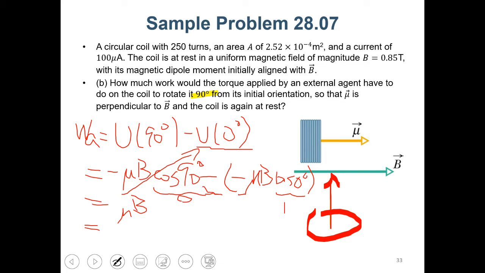And mu is actually NIA, times B. So we just plug in all the numbers. N is 250, and then I is 100 μ, 100 times 10 to minus 6.